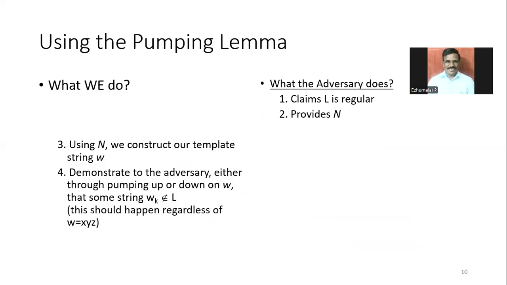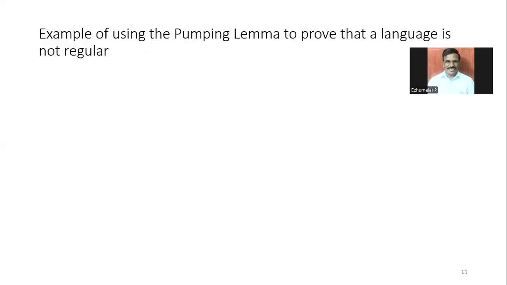So the adversary claims L is regular, proving n. Using n as the number of states, we construct our template string w, and demonstrate to the adversary, by pumping up or down on w, that the string does not belong to L, so the language is not regular.